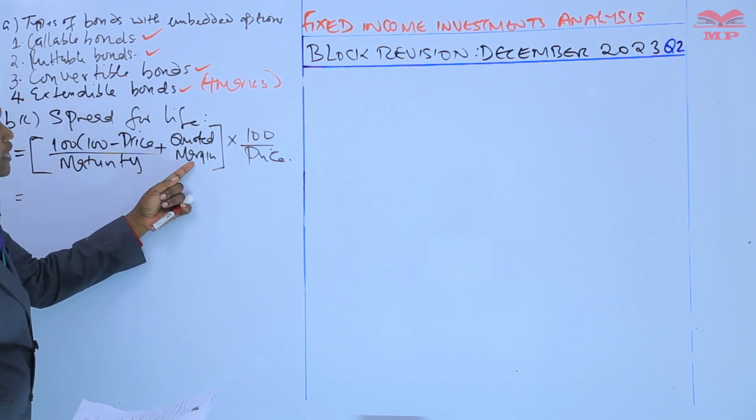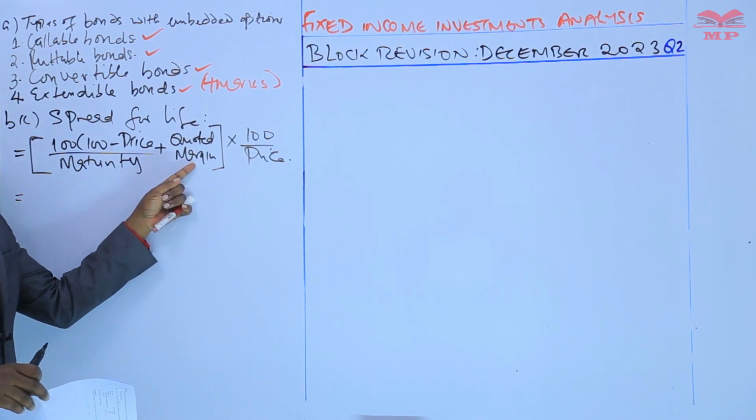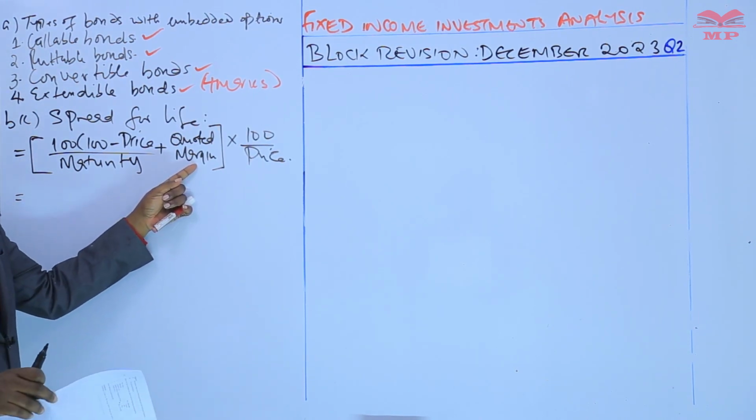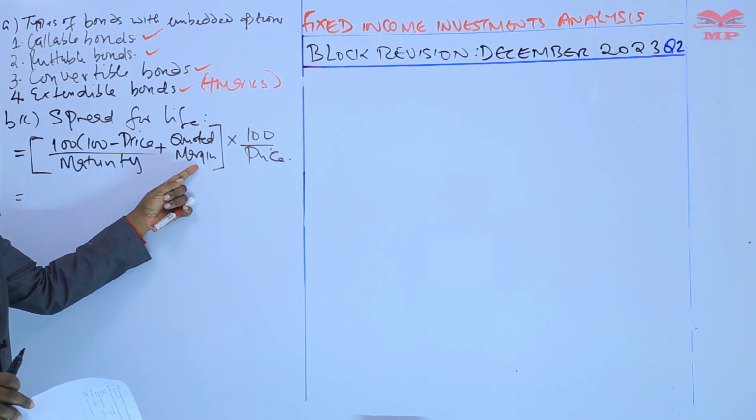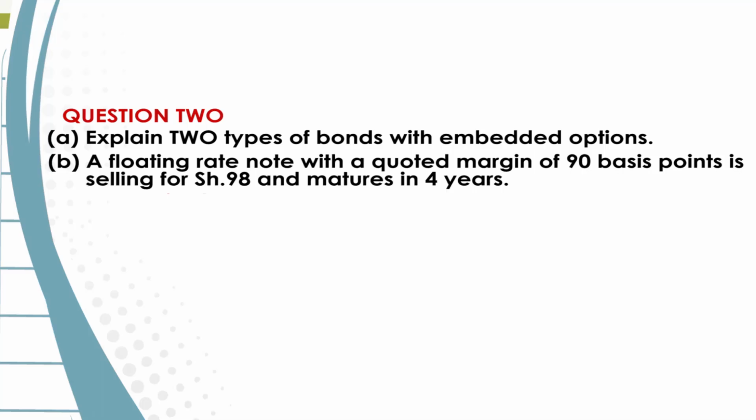Then we have the quoted margin. The quoted margin in the coupon rate reset is the basis. This is the 90 basis points. All right, we have it at 90.